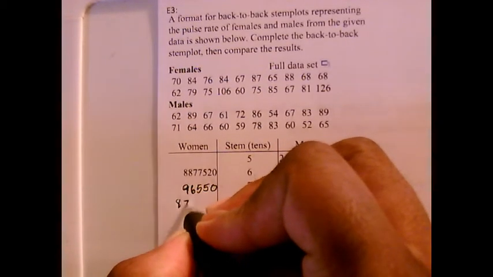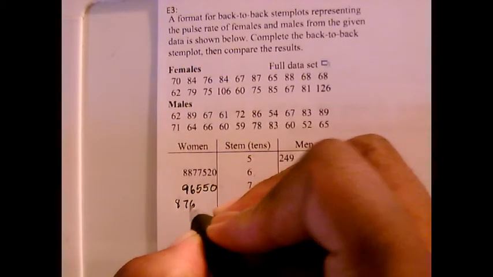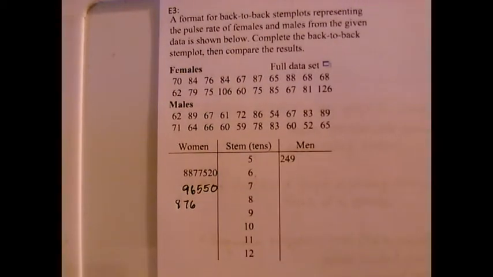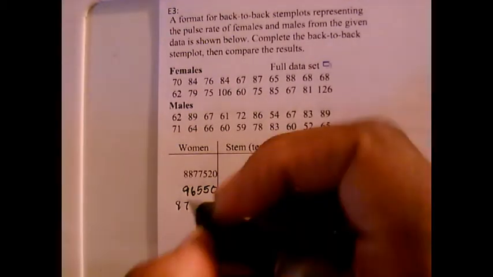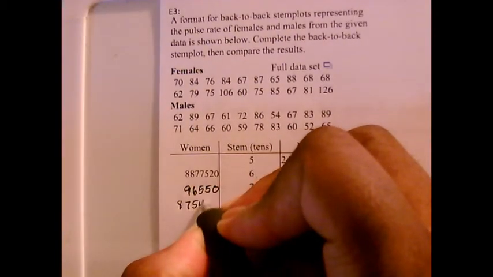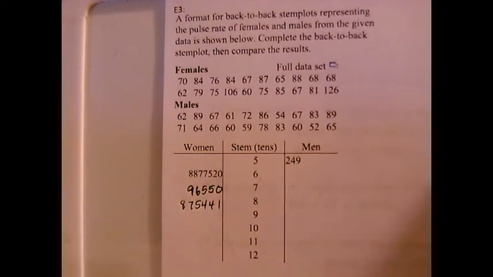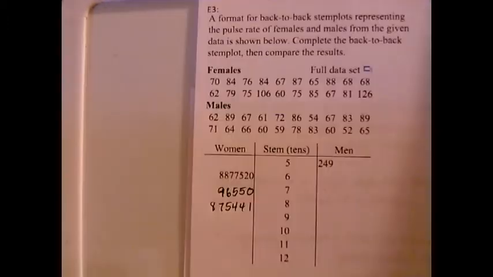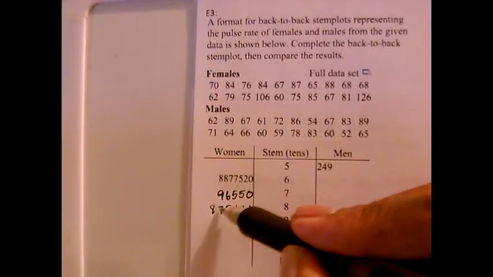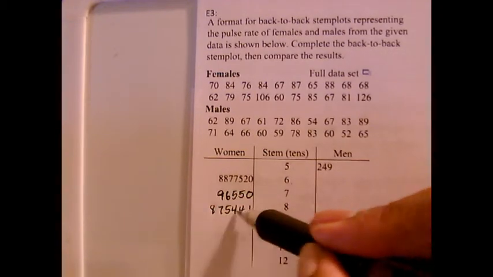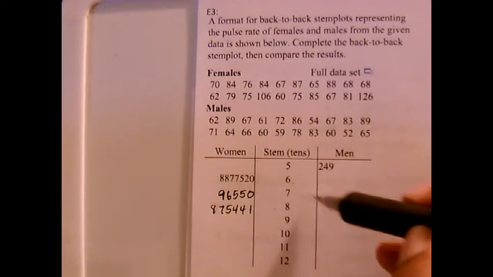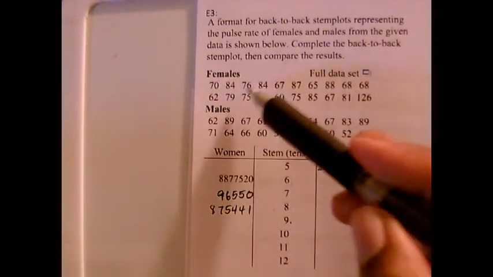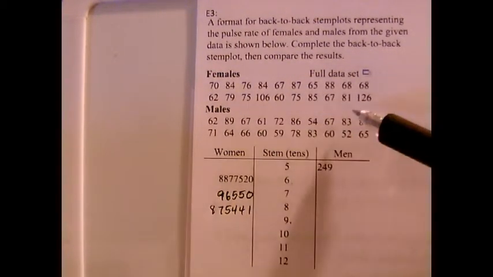So it'll be an 8 first, then 7, then 5, 4, 4, 1. Those leaves represent numbers that are in the 80s: 88, 87, 85, 84, another 84, and then 81. For the 90s, there are no numbers in the 90s for females.